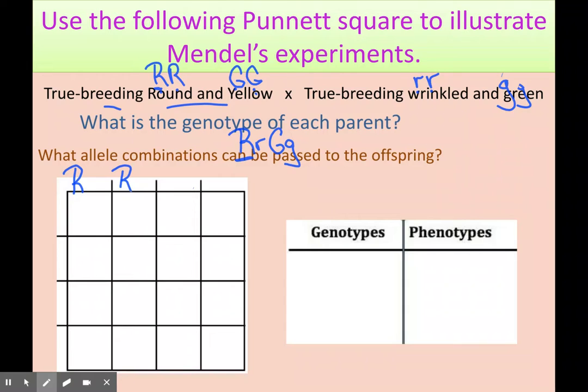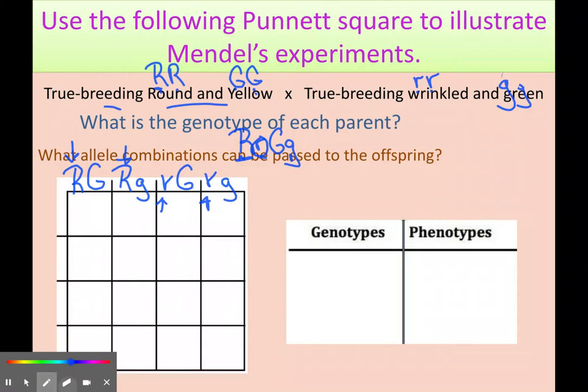Then in the second two boxes, you're going to put your second allele from the first trait. So this one goes here and here, and this one's going to go here and here. Now, your second trait, the first one, you're going to put in the first and the third, and then the second one, you're going to put in the second and the fourth. So that gives us all the possible combinations.